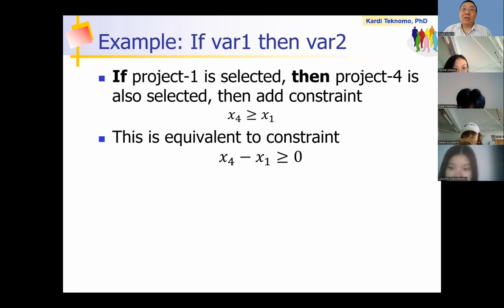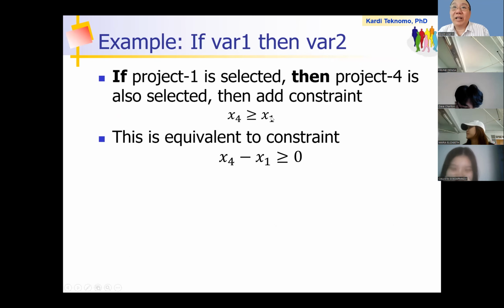So there are a lot of these. For example, this one is if-then: if variable 1, then variable 2. So if project 1 is selected, then project 4 is also selected. So you can create linkages between constraints.